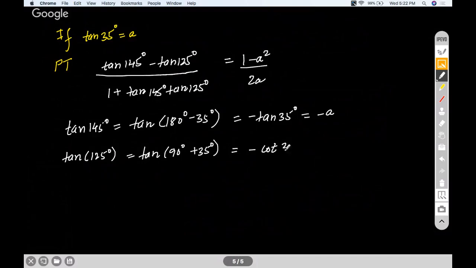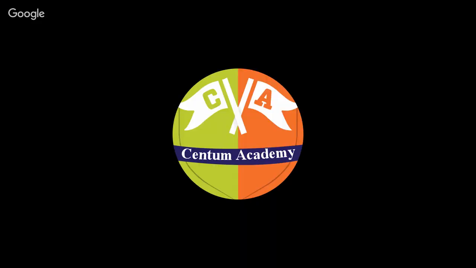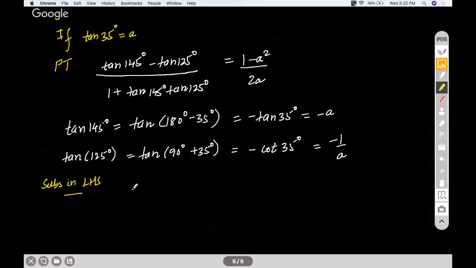So it's minus cot 35 degrees, which is nothing but minus 1 by A. So now substituting this in the left hand side of the expression, what do we get?